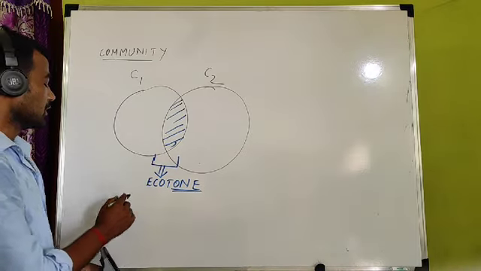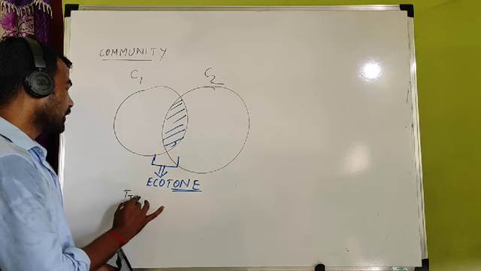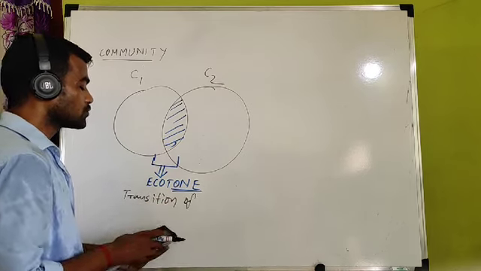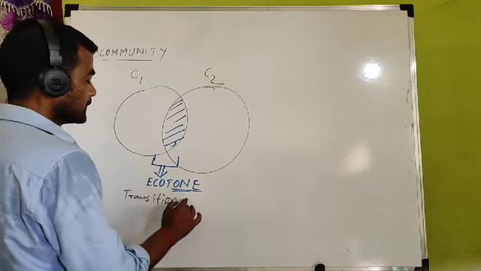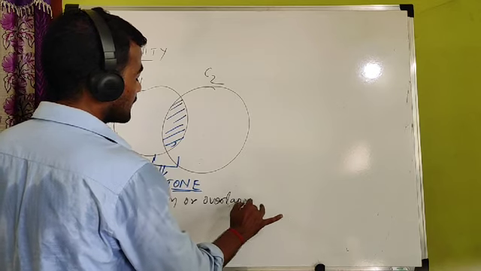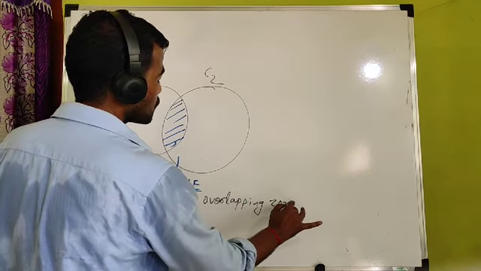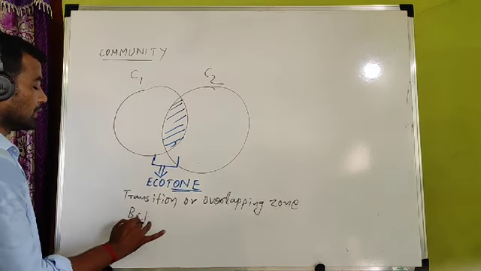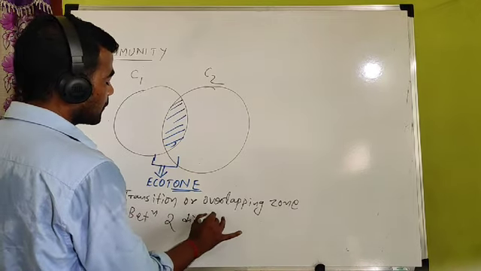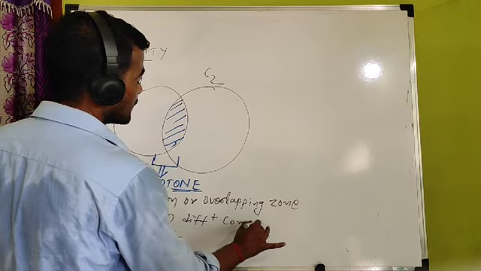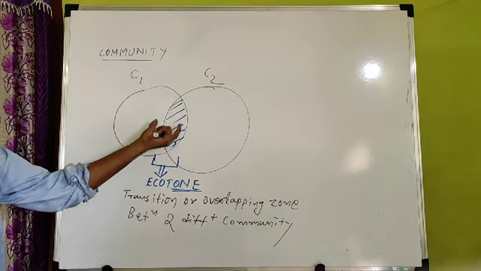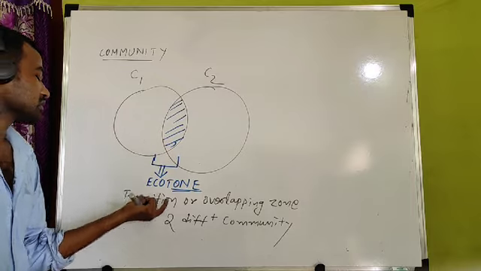Ecotone is the transition or overlapping zone between two different biotic communities.